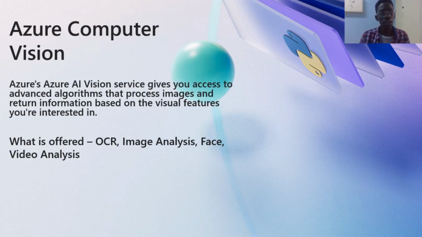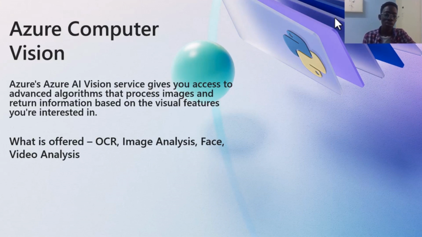What Azure AI Vision gives you is the OCR and image analysis. Under the optical character recognition in Azure Computer Vision, we talk about the optical character service that extracts text from images, and PDFs mainly lie in the category of images in this case.